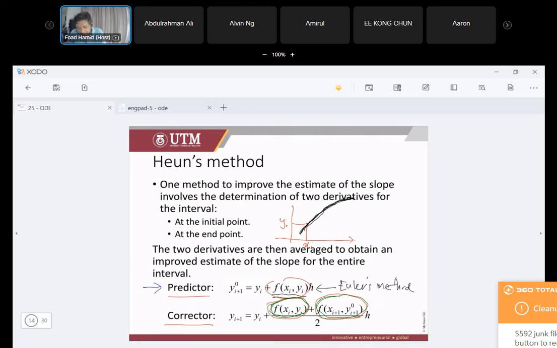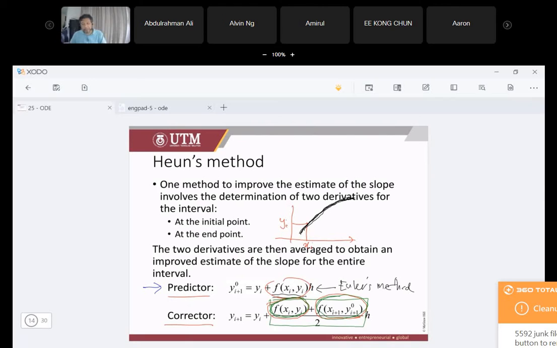So if you look at this one, what is this equation about? First slope, second slope, divide by 2. What is this? Can anybody tell me what that is? You have two slope values, and you divide by 2.